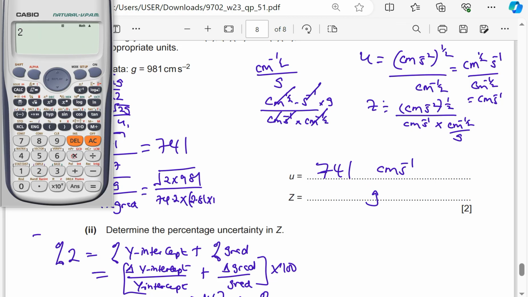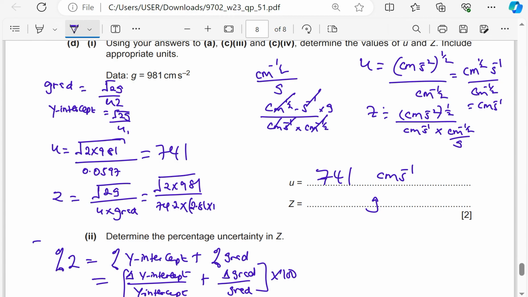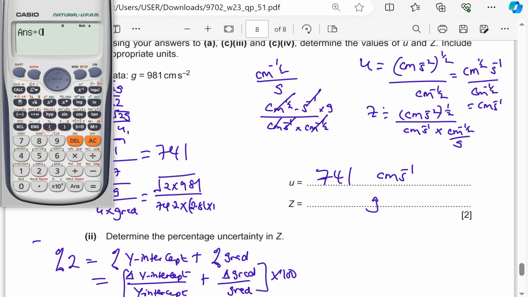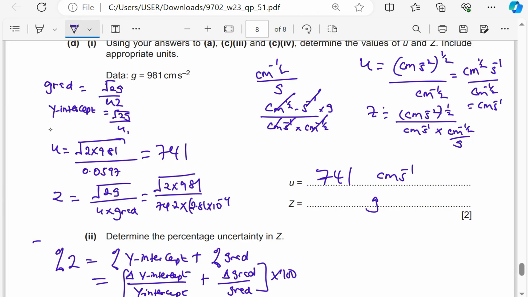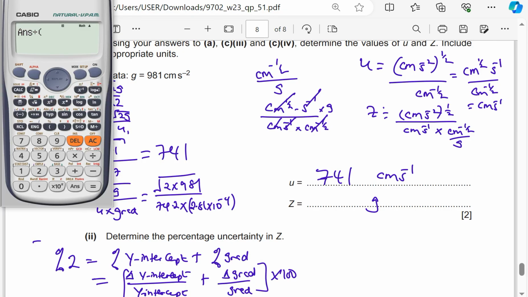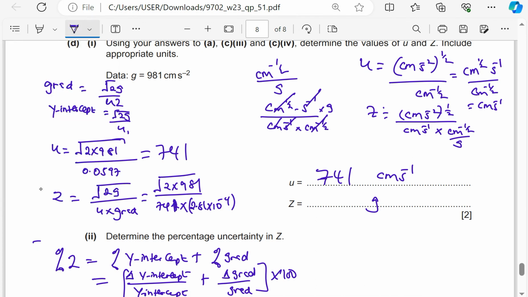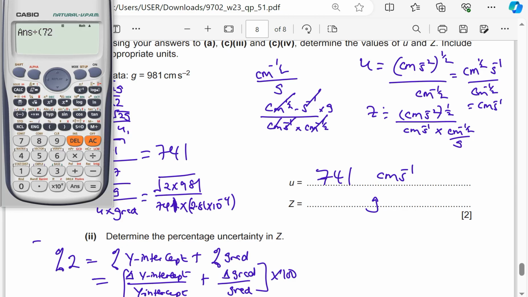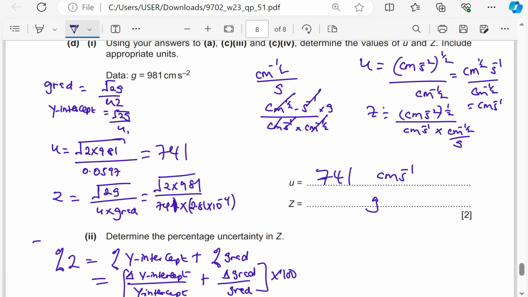So this is 2 times 981, root of the answer, divide by, this was 10 to the power of minus 4. So it is divided by 7, 4, 1.